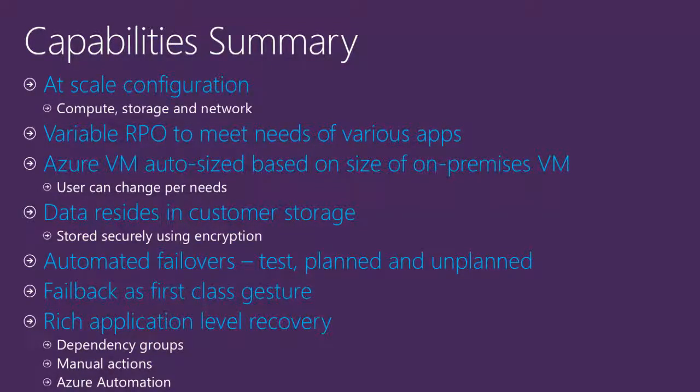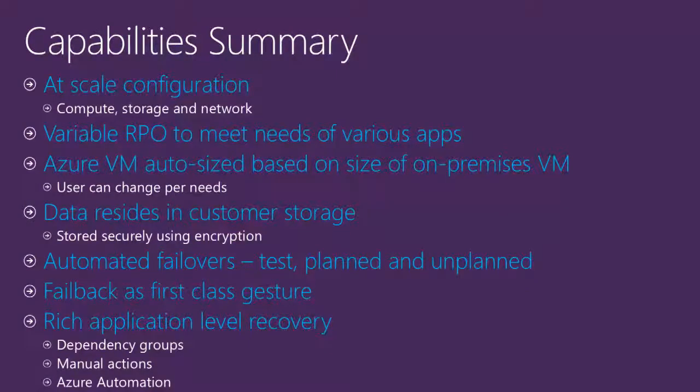I showed the extra small that was used for the context store test VM. We auto-size the VM, picking the size based on the size on-premises, but the user can change it. Like Christian showed, the data resides in the customer or tenant storage. You could use encryption when you need it for compliance.